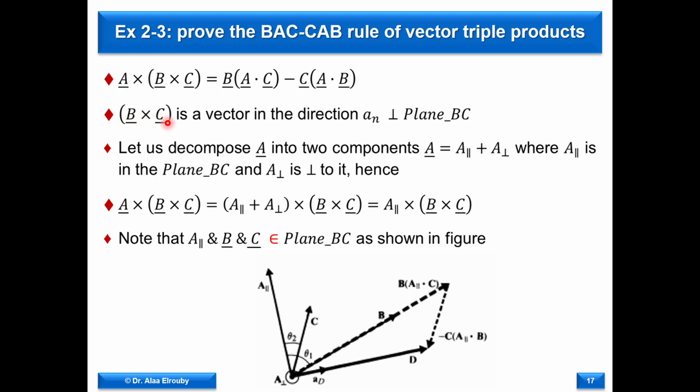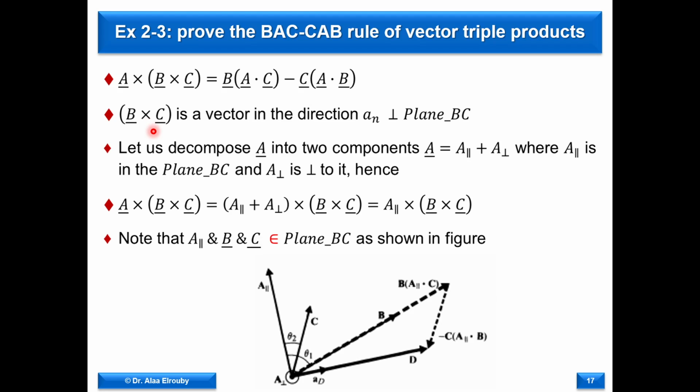So B and C are vectors. Any two vectors would define a plane. So B and C, let us say they are on the surface of, or define the plane of, the surface of your desk or something like that. So the cross product must be perpendicular.